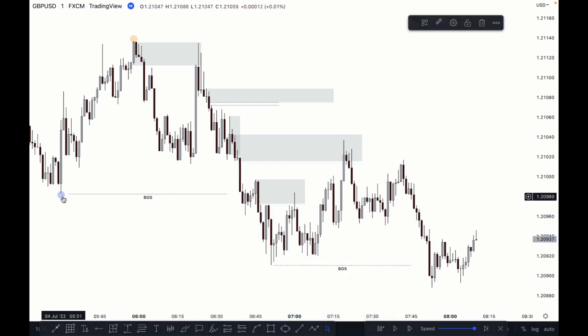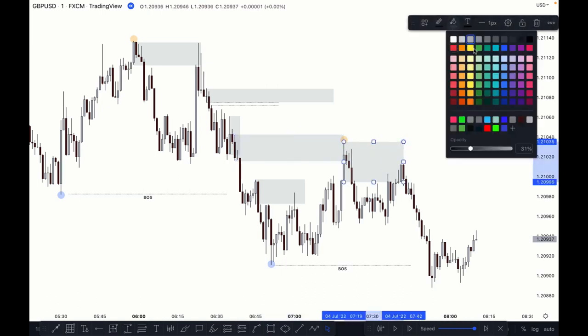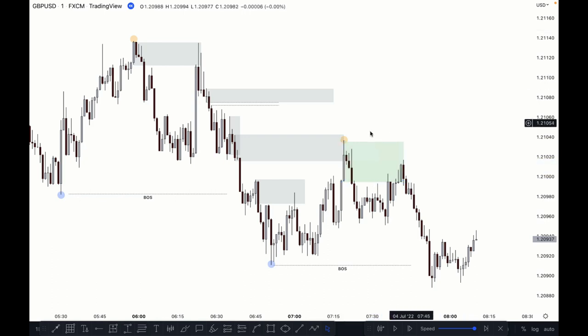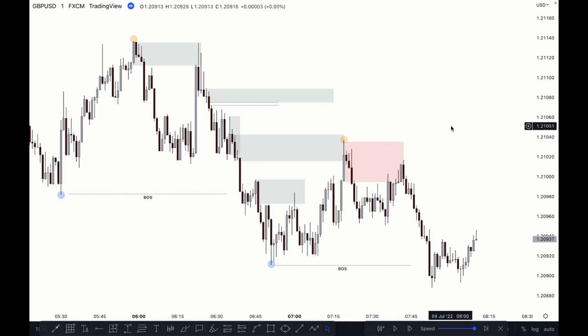So how can we identify another order block in a bearish market? Where is the last buying candle before the sell? You have to mark first, this was the last buying candle before the sell, which is already mitigated, so it is no longer valid here. Where is the next zone?